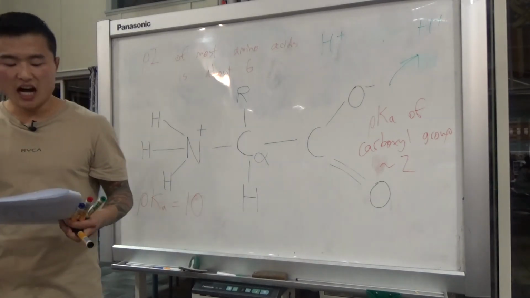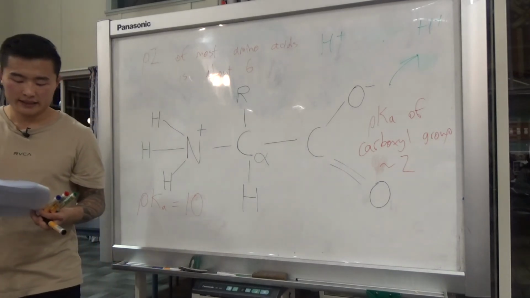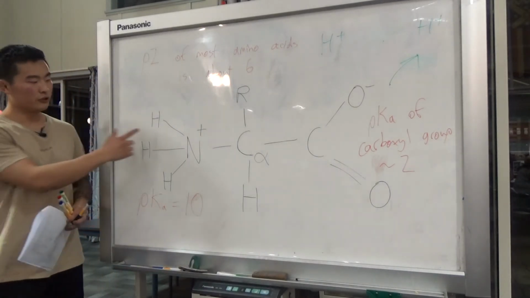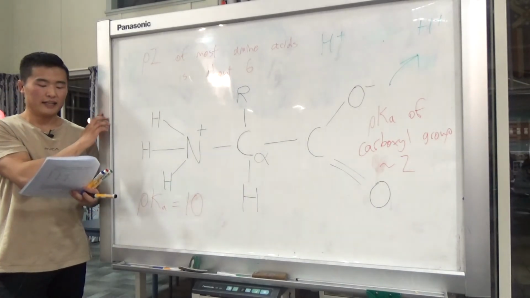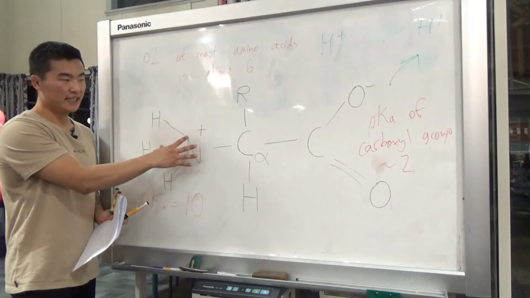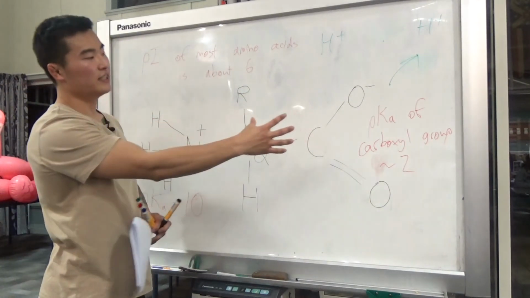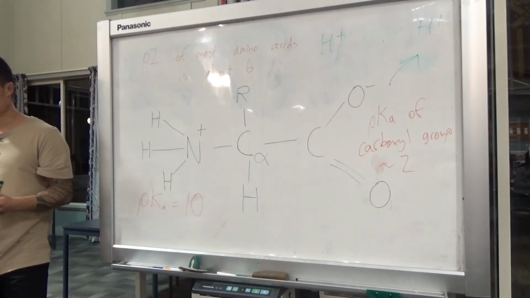If the pH is higher, that means there's less protons around, and then that means the amino group here is more likely to lose a proton, and so then because they don't have this positive charge anymore, they only have the negative charge, that means they're more likely to be negatively charged. Okay?